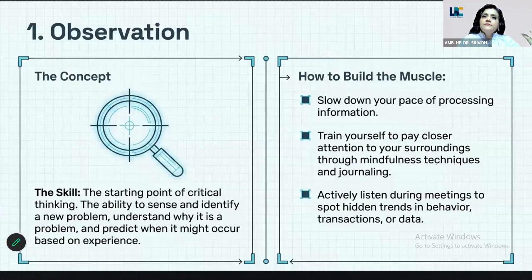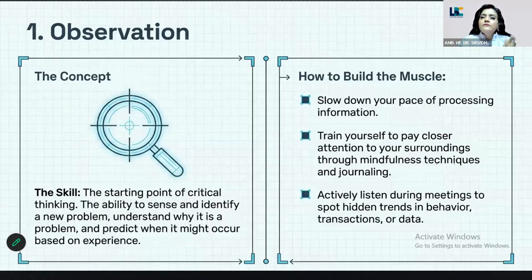Say, for example, observation. What is that? The skill, the starting point of critical thinking. It is the ability to sense and identify a new problem, understand why it has come, and predict what might occur based on experience. That is how you build your muscle in understanding. Slow down the pace of processing the information.